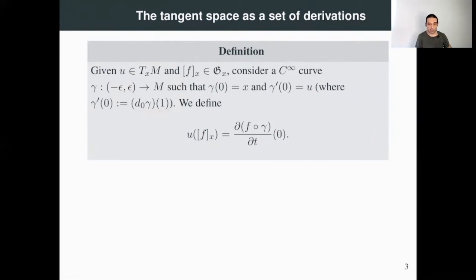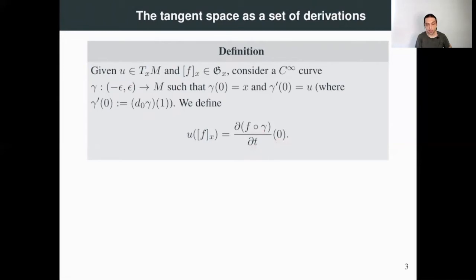So in this situation, we are going to apply u to germs of functions by using this formula. u applied to the germ of f is just the derivative of the composition of gamma and f with respect to t at the point 0.